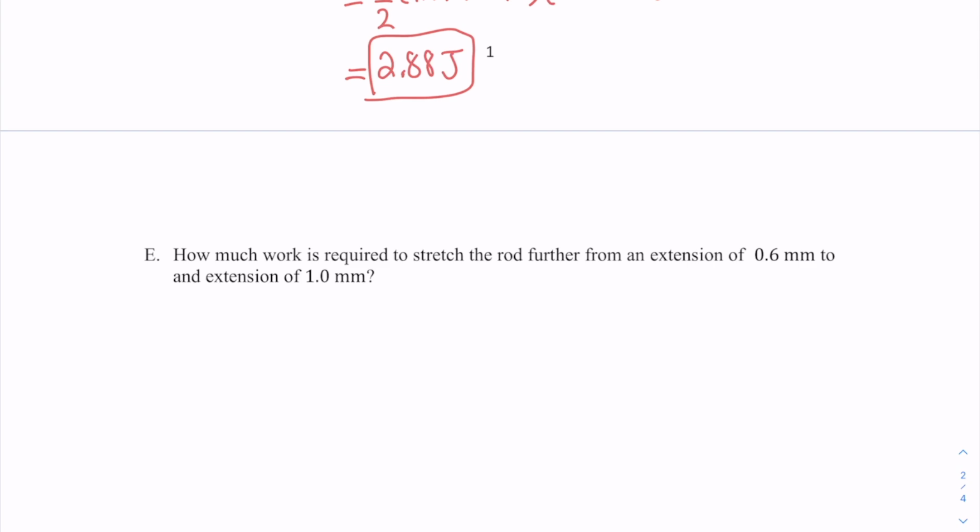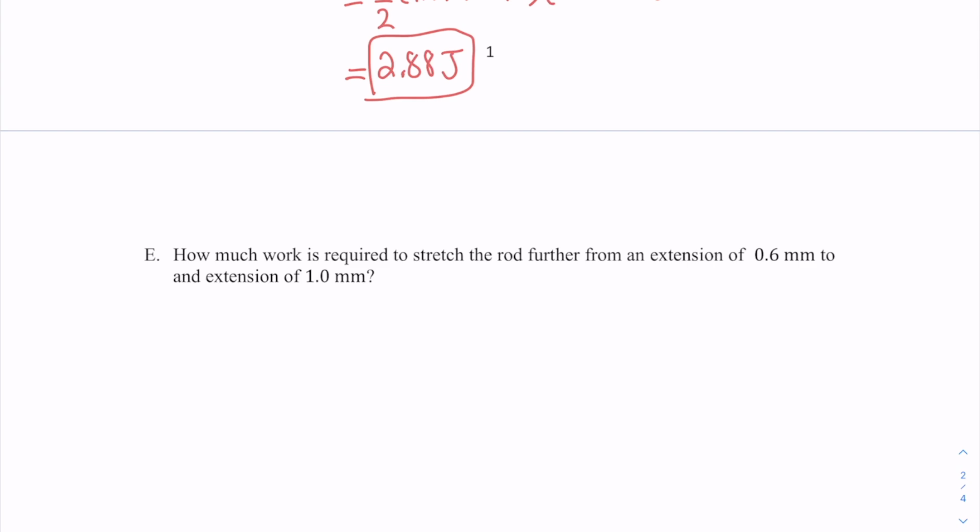So how much work is required to stretch the rod further from an extension of 0.6 millimeters to an extension of 1 millimeter? Yeah, I think that's just the way to go about it.